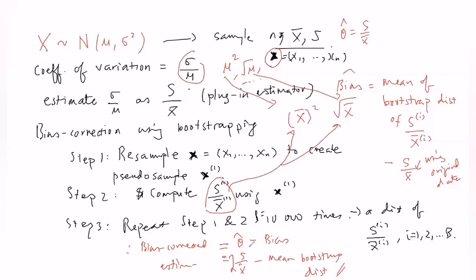So bootstrapping gives a very powerful way of doing bias correction that's purely computational and does not need any knowledge about the distribution of your data, which is very cool, because generally the other theoretical methods might need this information.